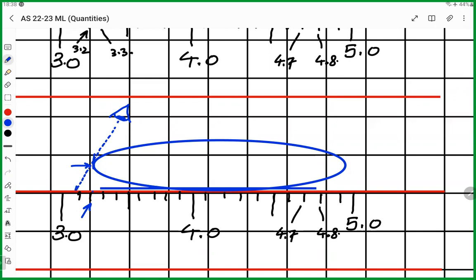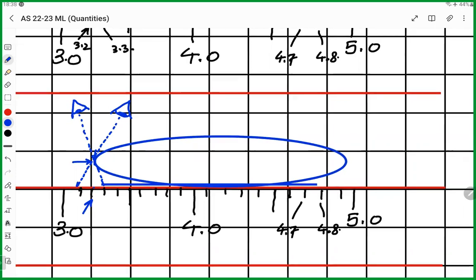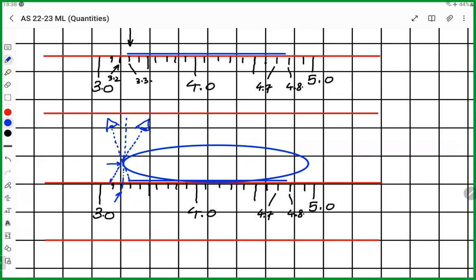And if your eye is slightly here, you might look at this reading. Right now, you think that I will keep my eye over there. That seems very easy, but you can never be 100% sure whether your line of sight is actually perpendicular or not.